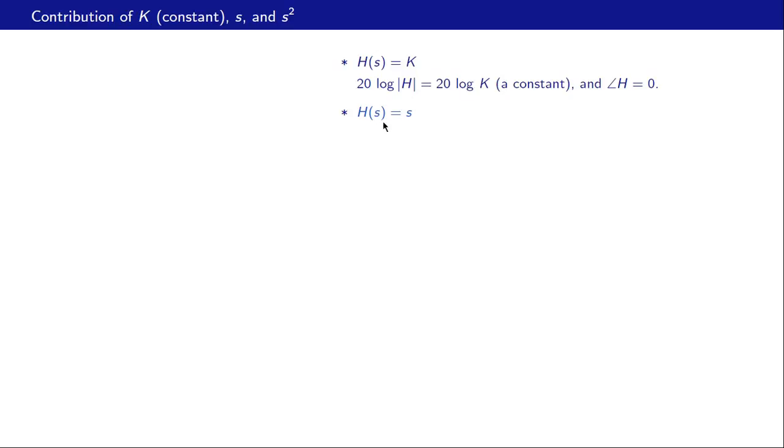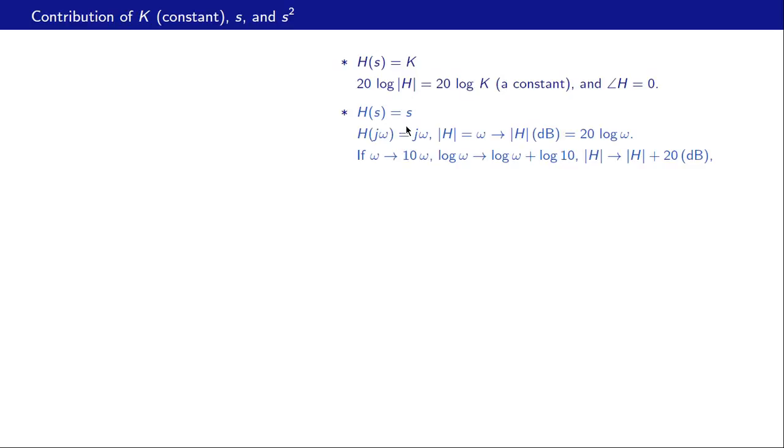What about h of s equal to s? Rewrite that as h of j omega equal to j omega. The magnitude is simply omega, and h in dB is 20 log of omega. So this is a straight line in our h versus log omega plane when h is plotted in dB.